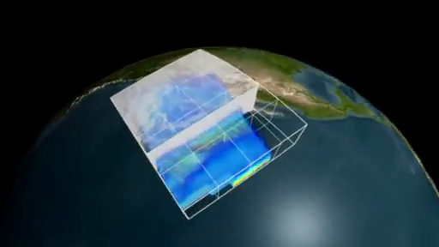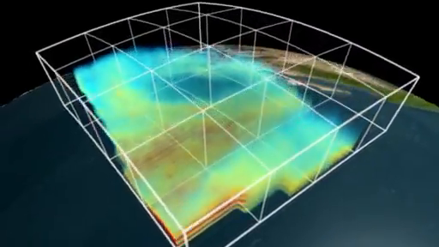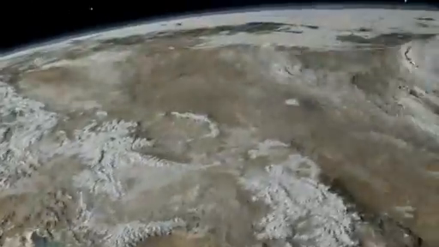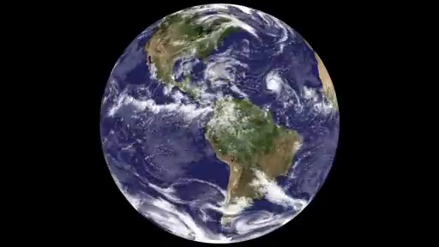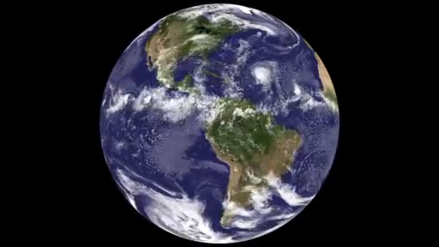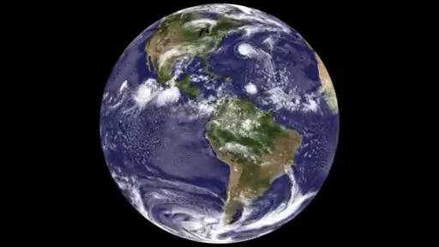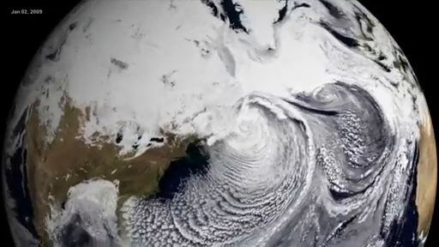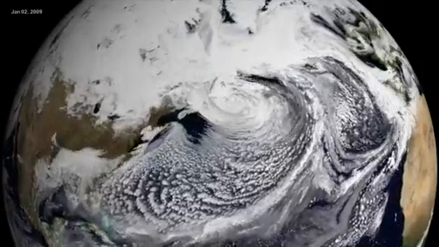With rapid increases in computer technology, models are becoming ever more powerful and sophisticated, allowing us to simulate our complex environment in greater detail. NASA uses a variety of weather models, such as the Goddard Earth Observing System model, or GEOS-5. It creates an extraordinarily high-resolution, realistic-looking view of our atmosphere.